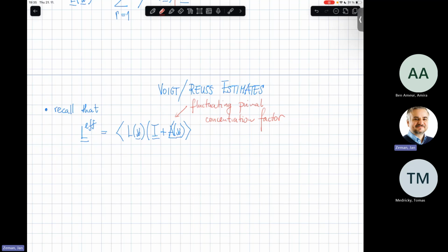Right, so this was my claim. And the claim was that if I knew the average of L times A prime of x, then I knew exactly what I'm after.